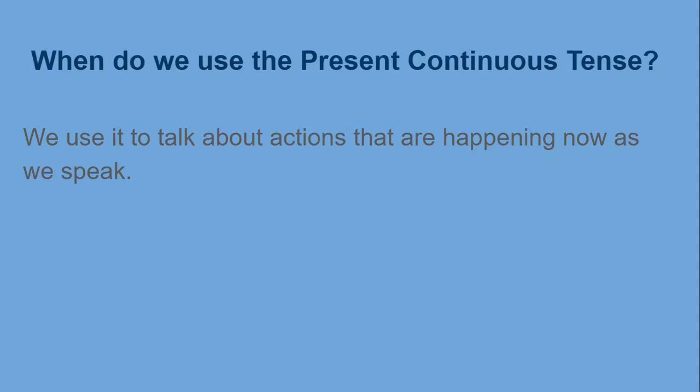But right now, I am not waking up. I am actually recording a video right now. I am recording a video on the present continuous tense. So this is the present continuous tense because that's what I am doing now.